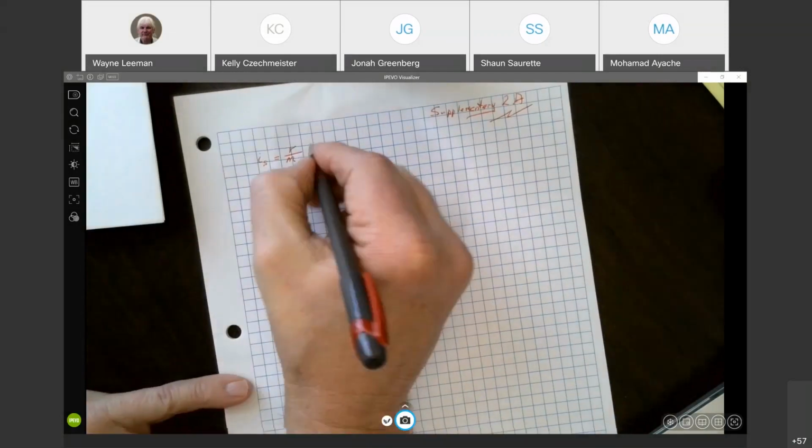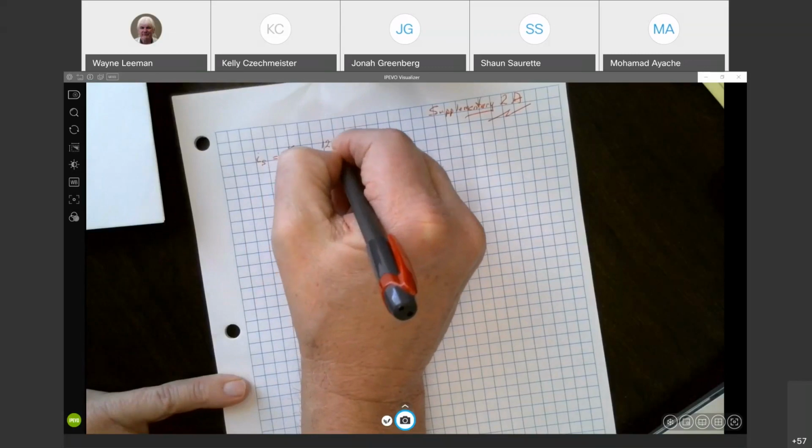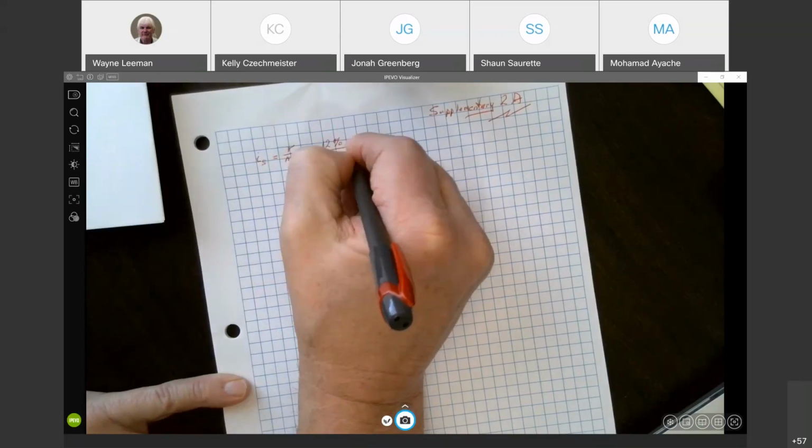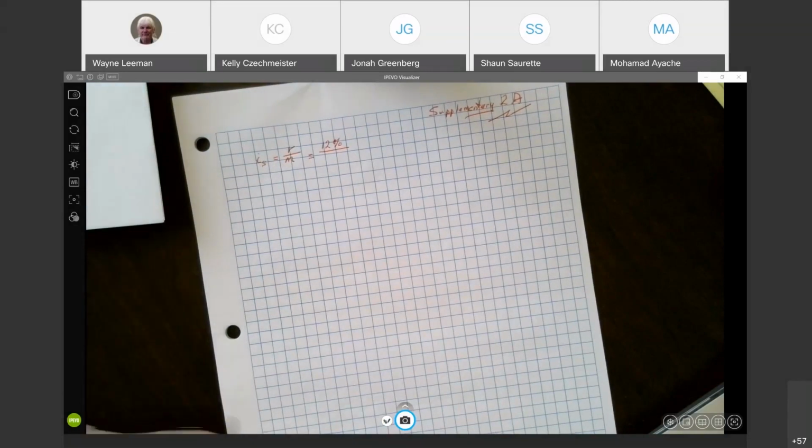So what we would have here would be 12% divided by M. M is the number of compounding periods. And this is compounded monthly. So how many monthlies are there in a year?